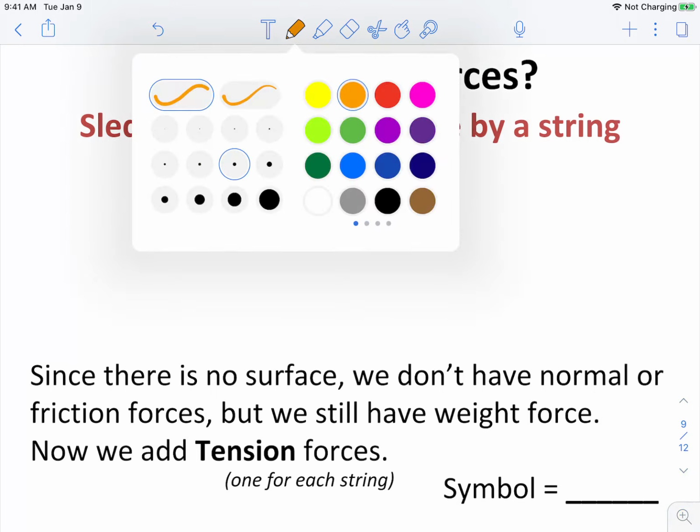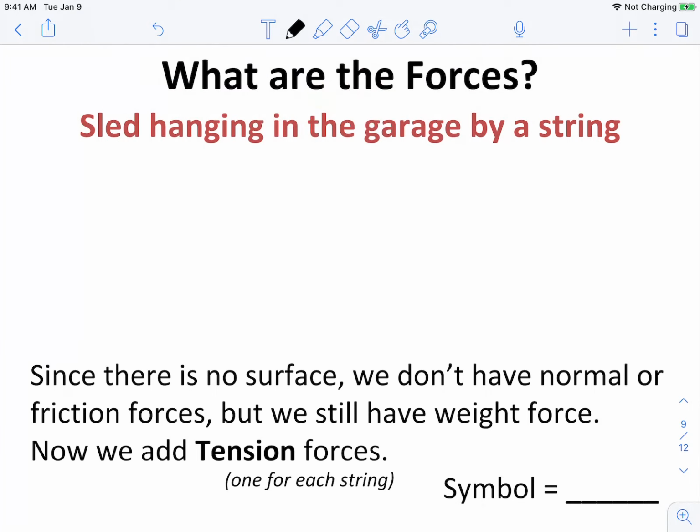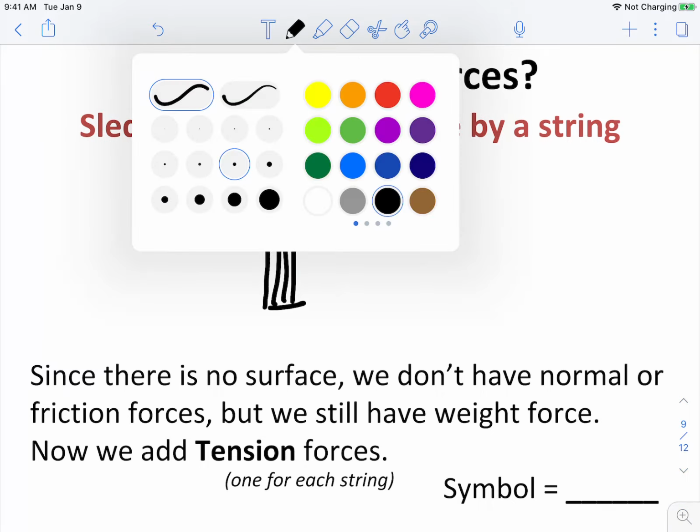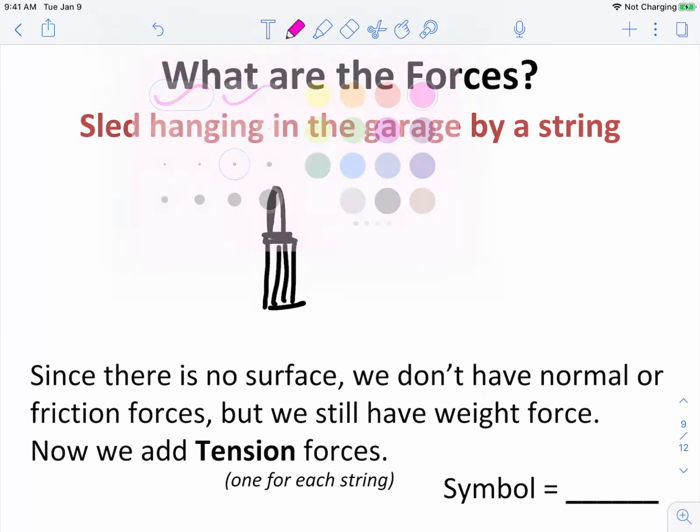Okay, and then we have the last force. You've got a sled that is hanging on a wall in the garage, and there's no surface acting on this sled.